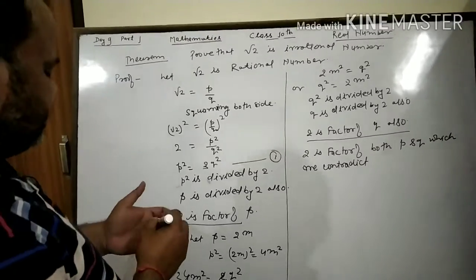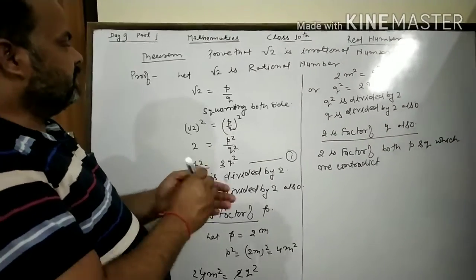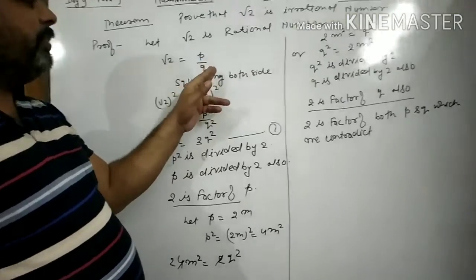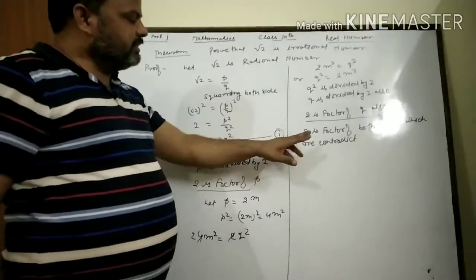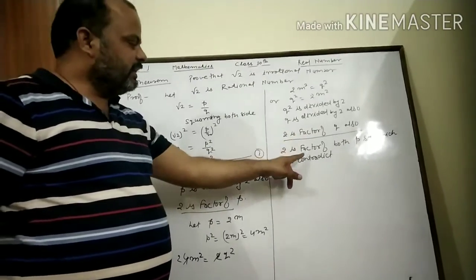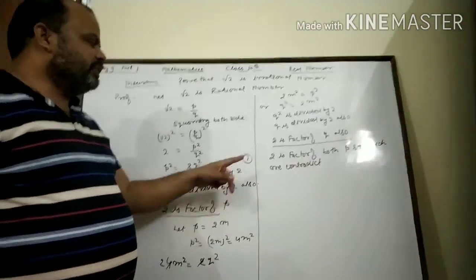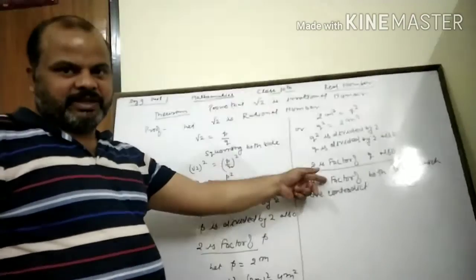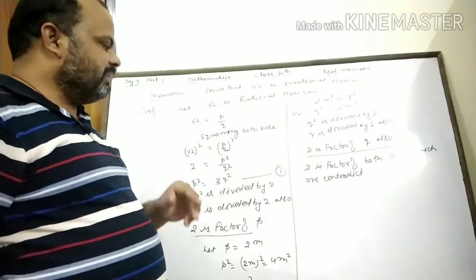Because you know that p and q are co-prime. It means HCF of p and q is 1, and here HCF of p and q is other than 1.